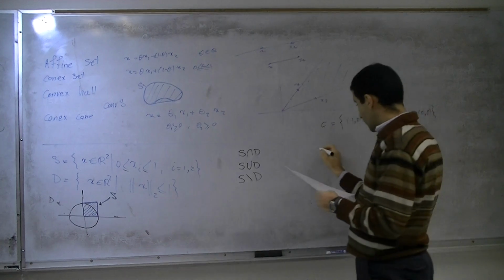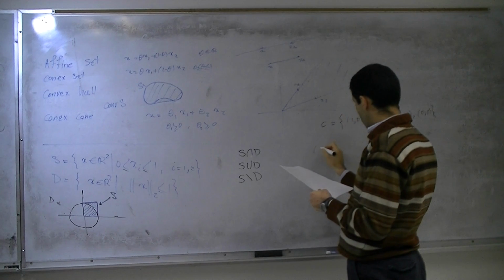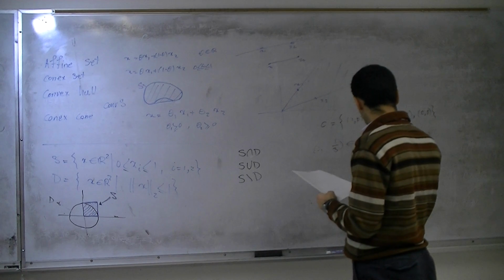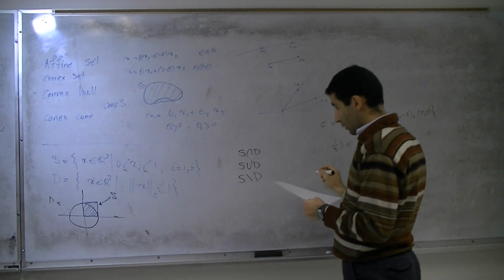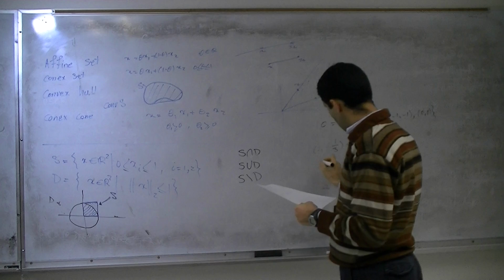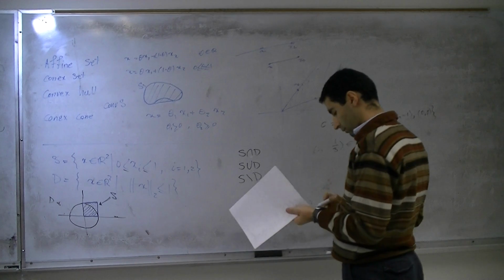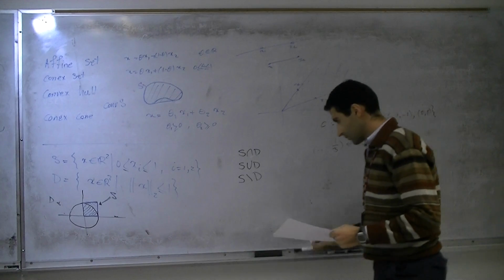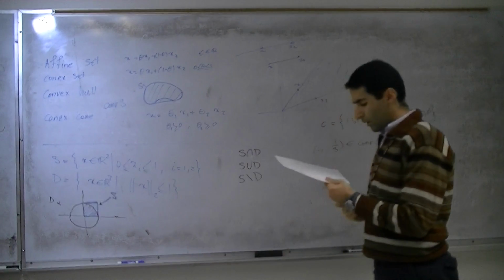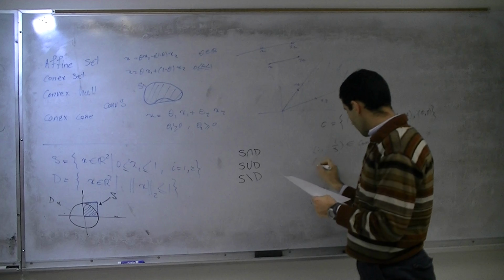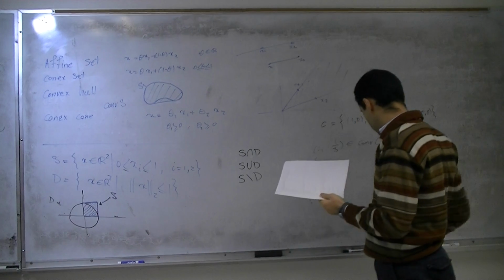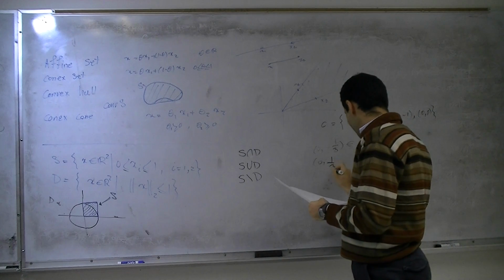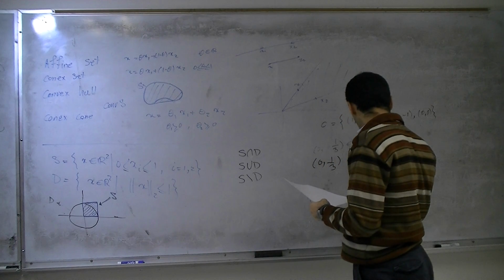And we have again questions: for example, does (0, minus 1/3) belong to conv C, and does (0, 1/3) belong to conv C?